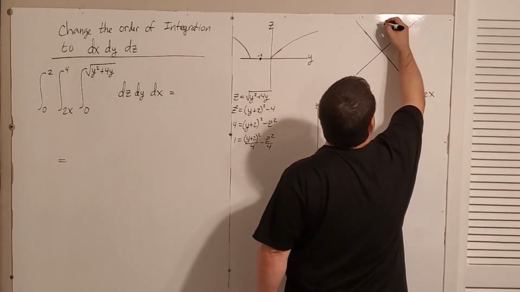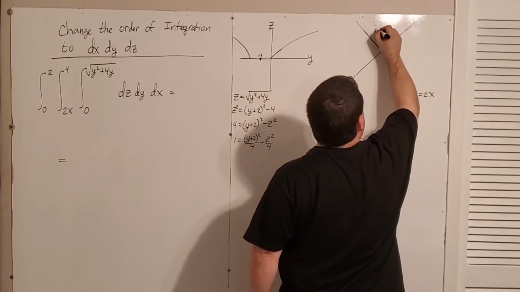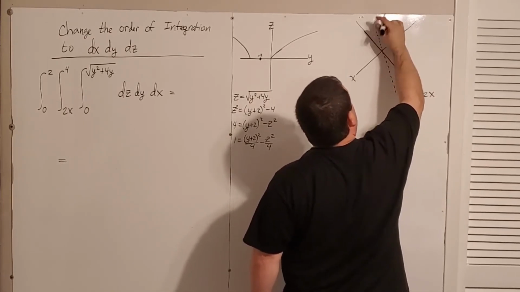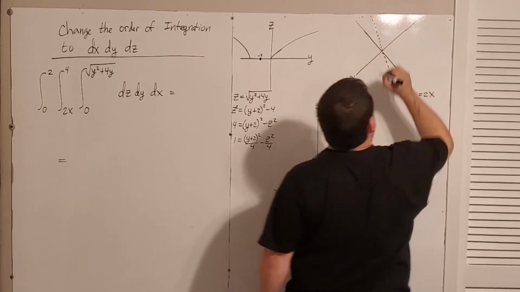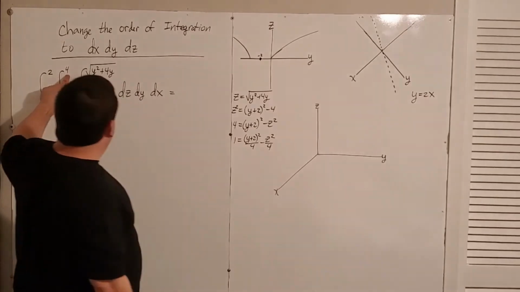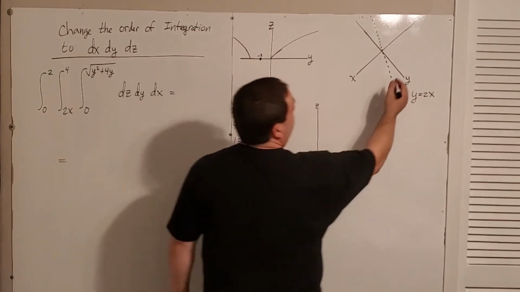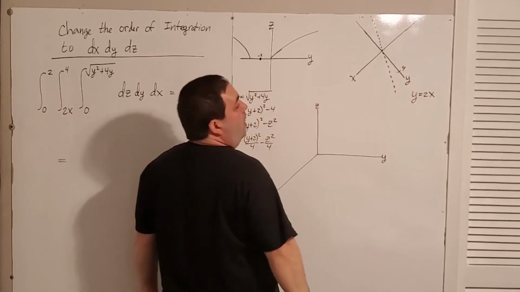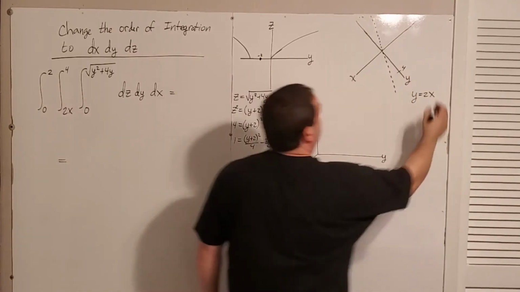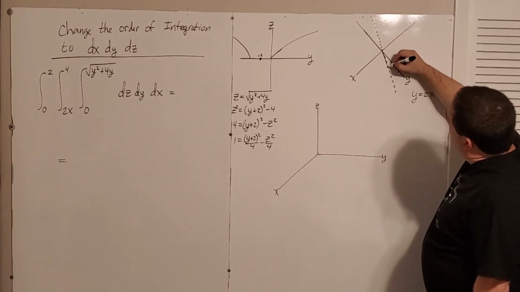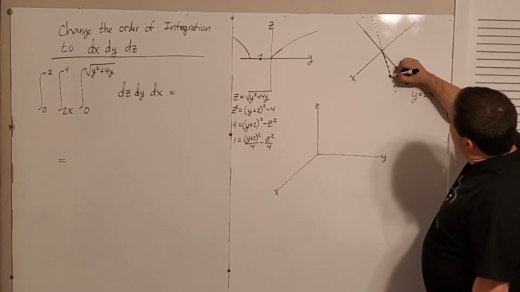It's going to go like this. Like this. Okay? But it only goes up to 4. So if I say this is 4 on the y-axis here, right? Then I've got my line, y equals 2x, and it only goes up to this point.